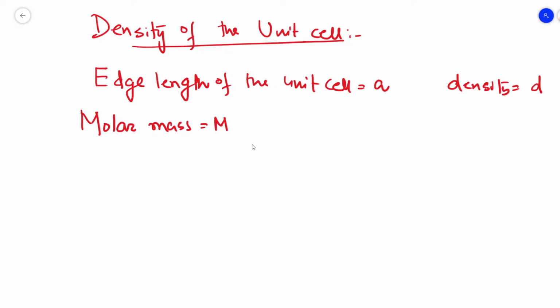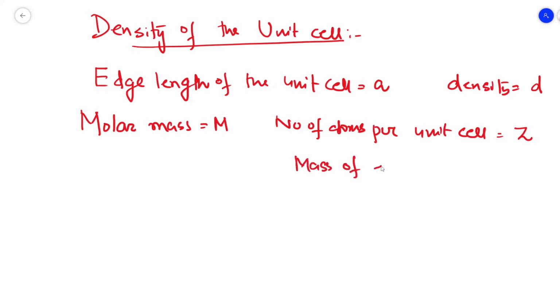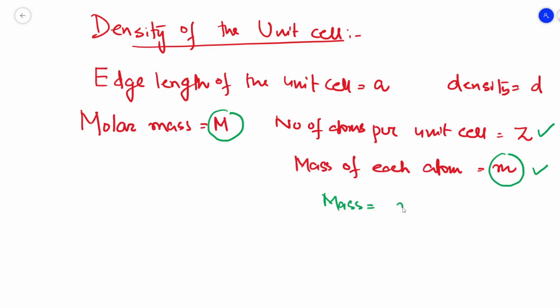So I write molar mass is M, and the number of atoms per unit cell is denoted by Z. The mass of each atom is small m, as molar mass is capital M. Now the total number of atoms present in the unit cell is Z and the mass of each atom is m, so the mass of the unit cell is m into Z.